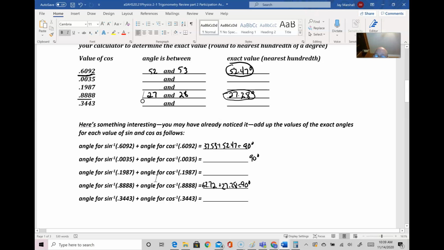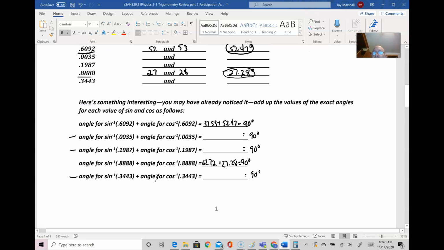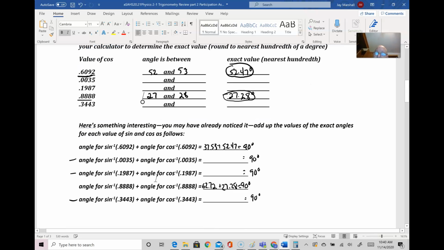And I want you to confirm that for the rest of these three, this one, and this one. Show me what the angles are for the sine and the cosine of 0.0035 and 0.1987, and add those up together and show me that they equal 90 degrees. Okay? So that's the third part of this first part of this exercise.